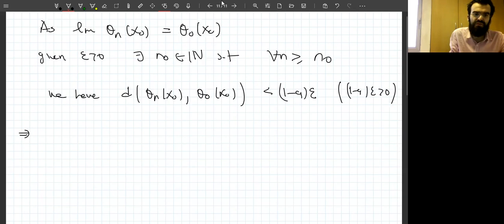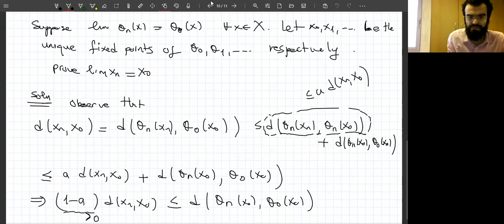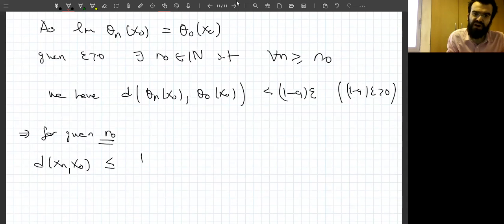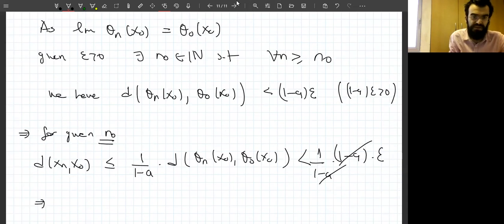This implies d of xn, x0 is less than 1 over 1 minus a times d of theta n x0, theta 0 x0, which is less than epsilon. Okay, implies limit xn is x0.